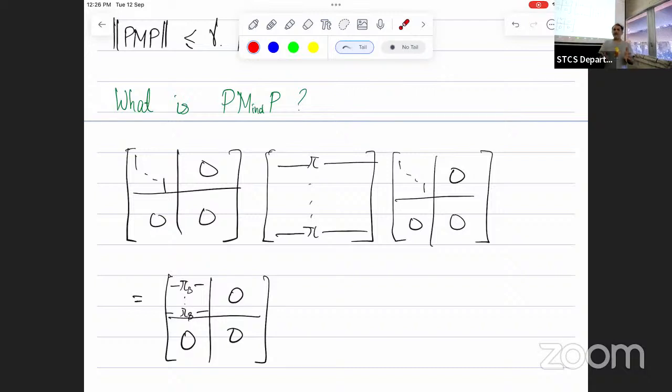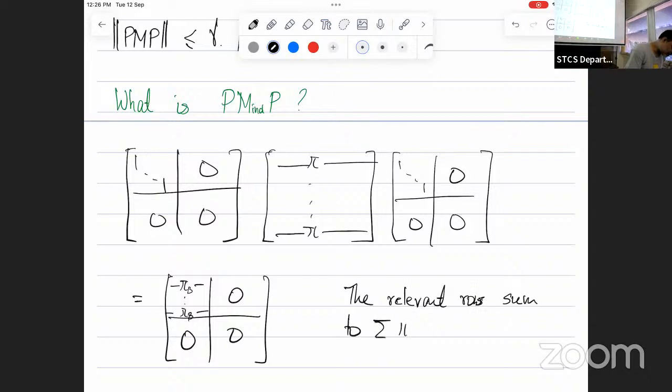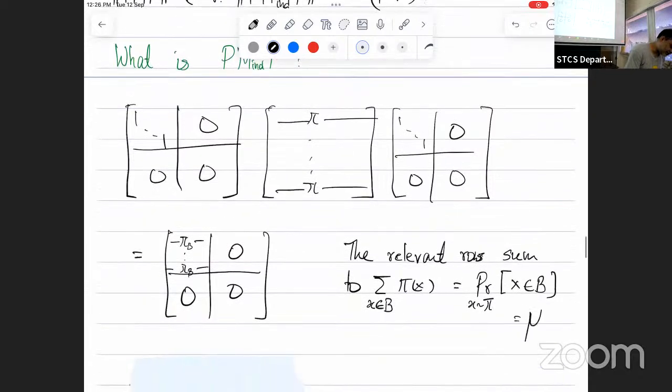You add up all the values in the stationary distribution corresponding to coordinates in B. So the relevant rows sum to the summation of pi x, where x ranges over B. This is exactly the probability that x is in B if I draw x according to pi, and this we know is mu.